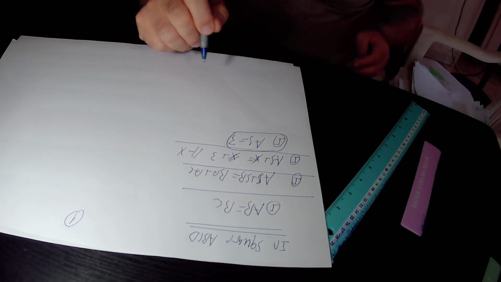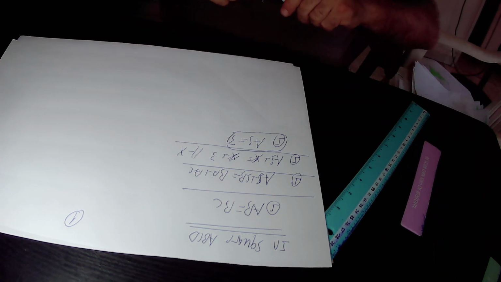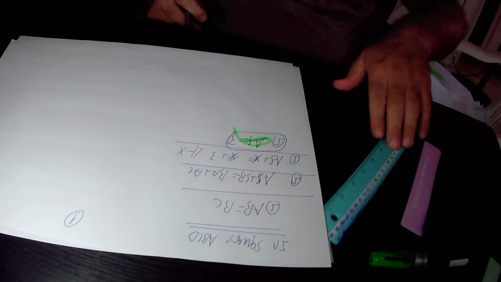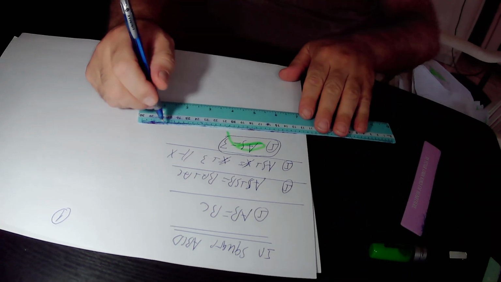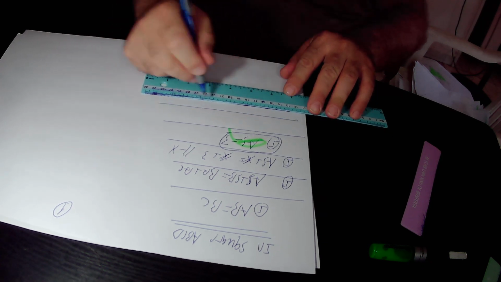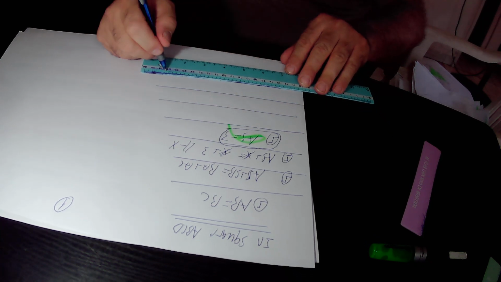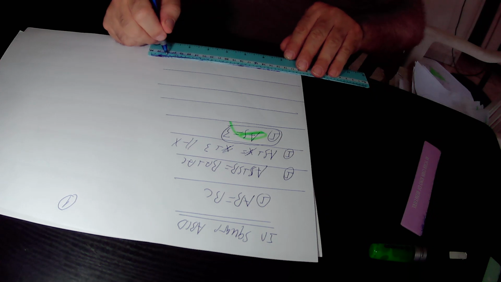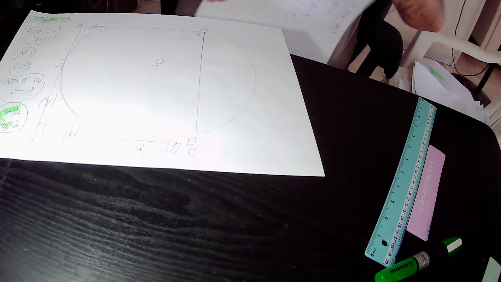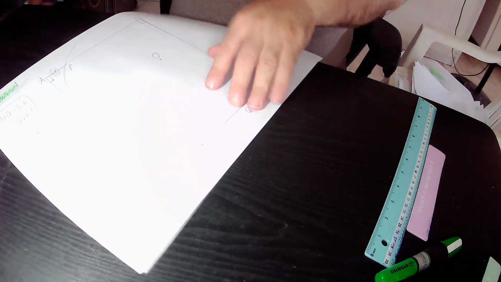AS is equal to 3 units in its length, exactly as we found in the first method. Actually, the length of this line segment AS is 3 units.